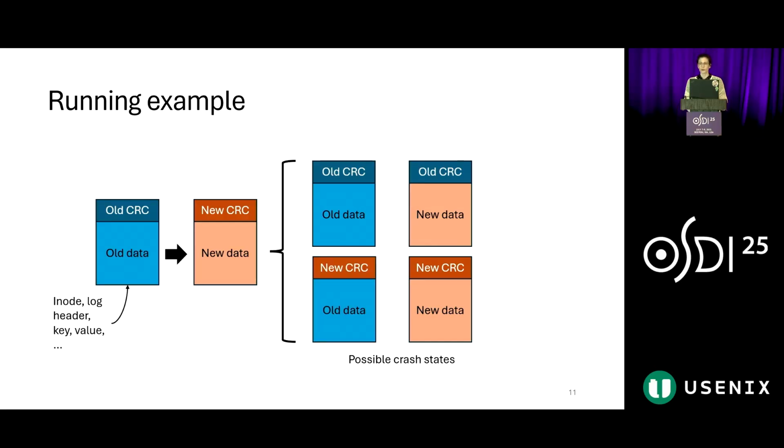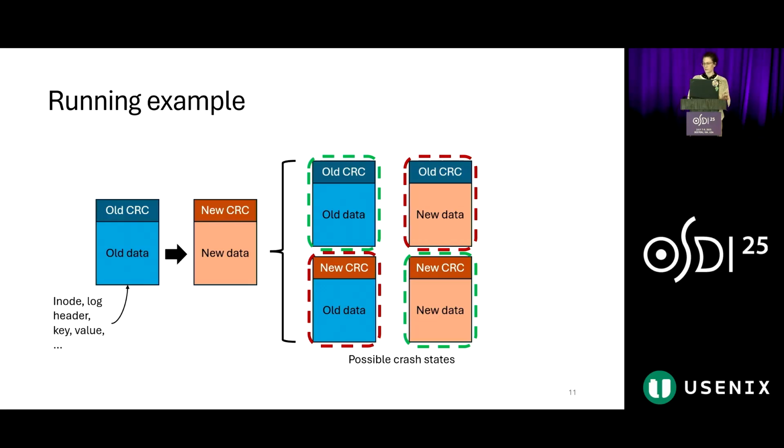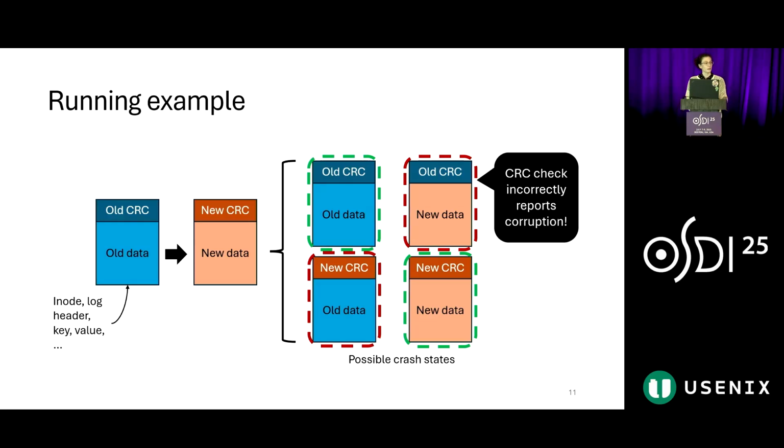And there are a couple of different ways that this could happen. For now, let's suppose that we can update the data atomically with respect to crashes, but we're going to relax that soon. Like I said, 2 of these states are consistent. The CRC matches the data, but 2 of them aren't. And if we try to read this data and check the CRCs, we will incorrectly get a report that corruption has occurred. And so this is a situation that we want to avoid.